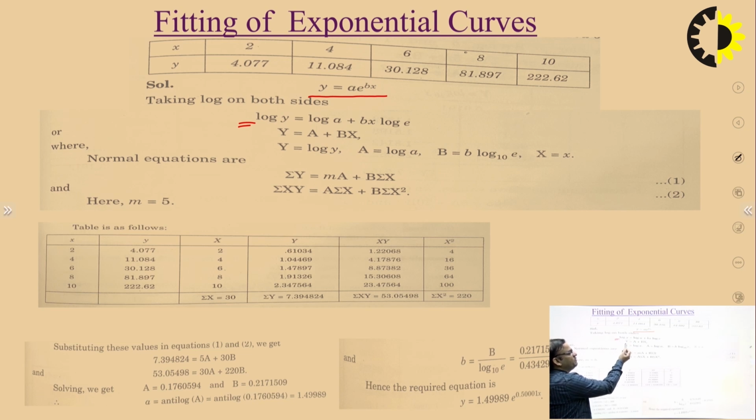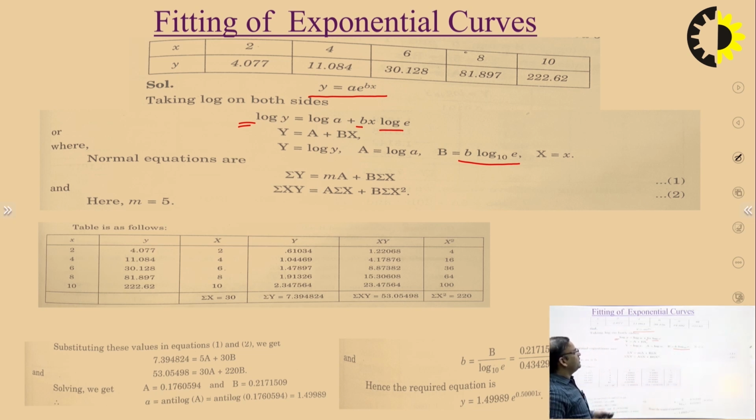So log y will become capital Y, log small a is capital A, and b log e is considered here as this constant.